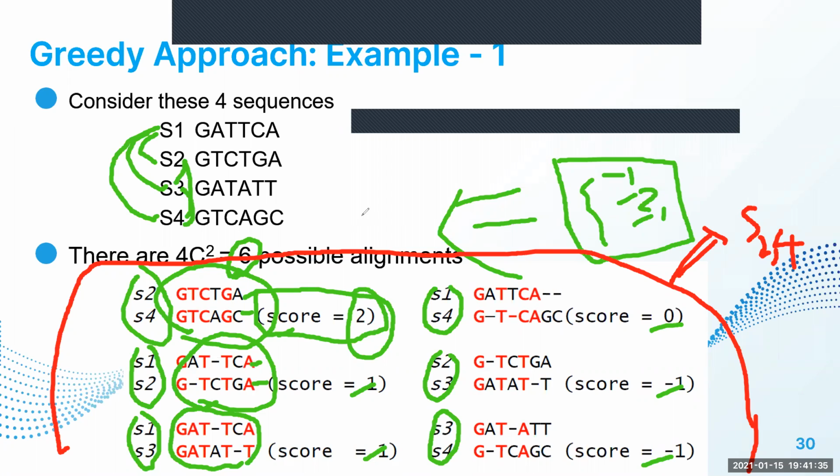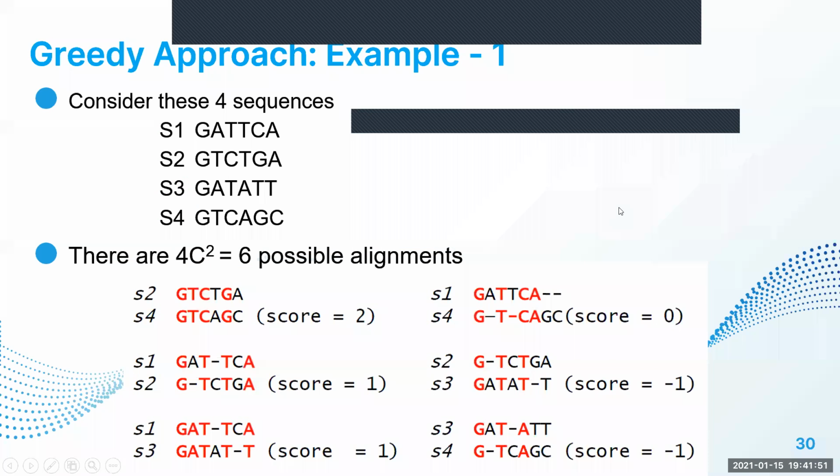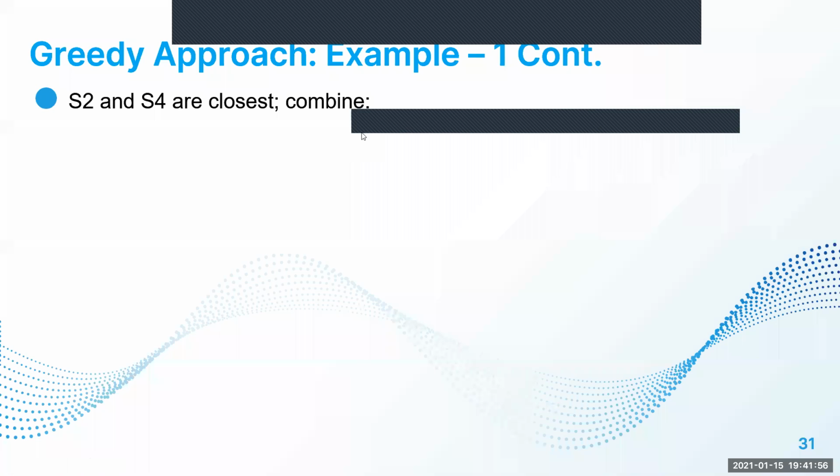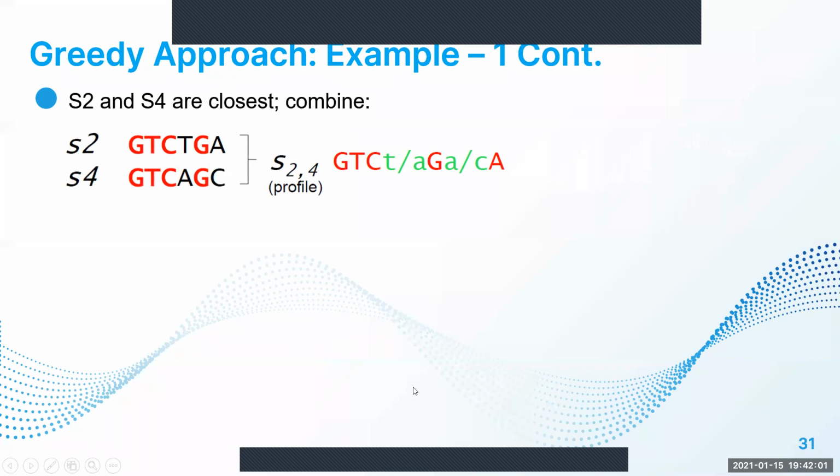Yes, sir. Then you have these different mismatch items, and as I said before, you can make the profile now. S1 and S2 are the closest ones, so we combine those two together. These are two sequences, and we call the combination a profile.